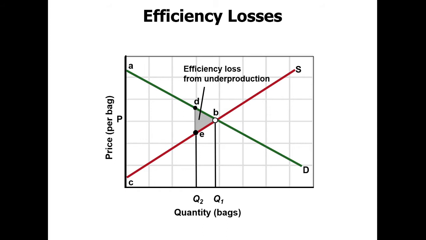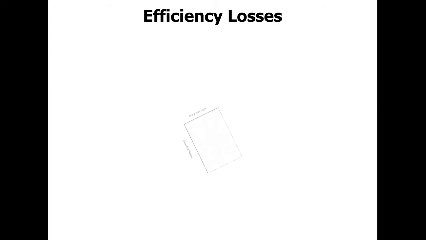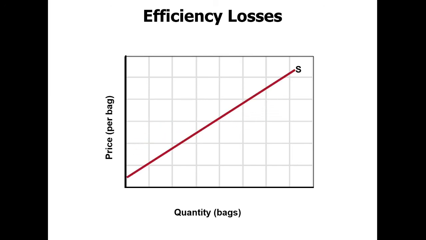So we're inefficient because we're not producing enough of the good. We're actually producing Q2 when we should be producing Q1, so that shaded triangle is what we're losing by not producing enough.